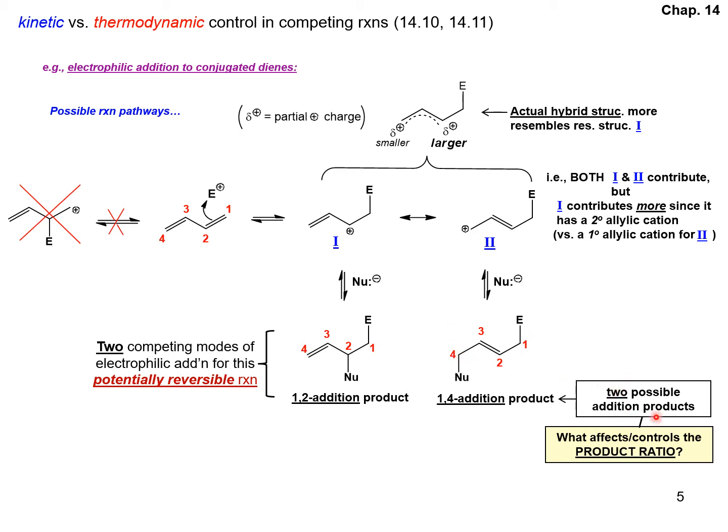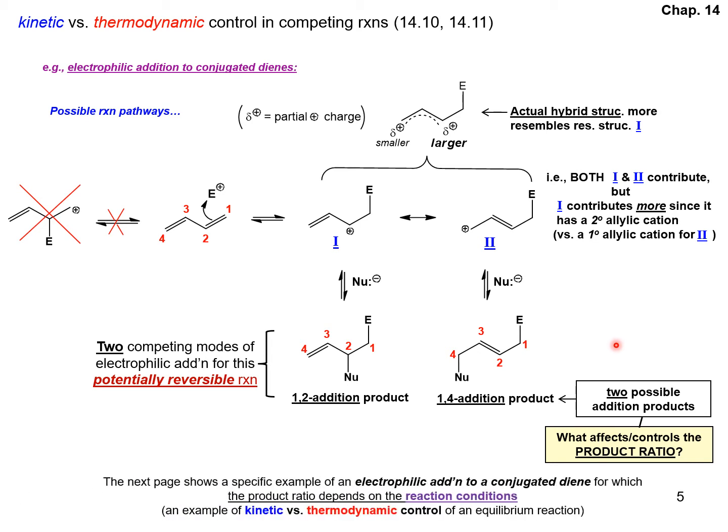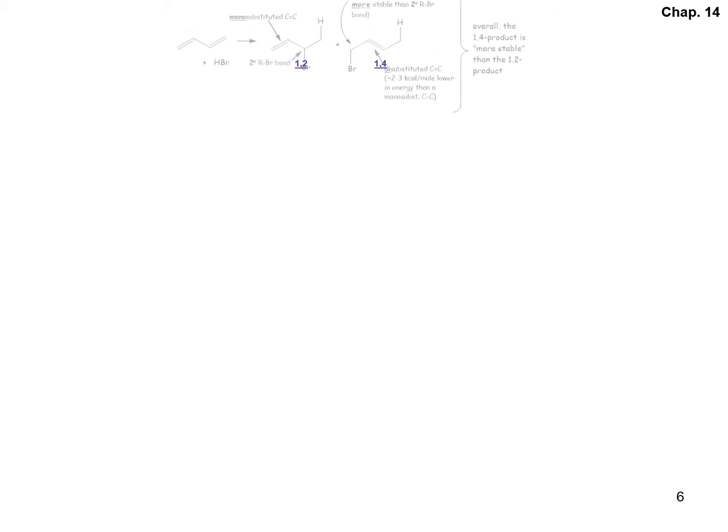So we have two possible addition products in this case. What affects or controls the product ratio? You'll see that the substitution pattern on the diene system and also the temperature at which you run the reaction is going to have a great effect on whether the kinetic or the thermodynamic product is the major product.